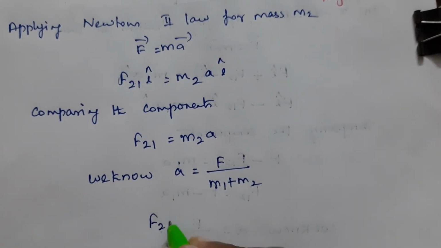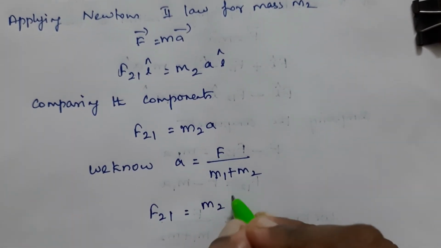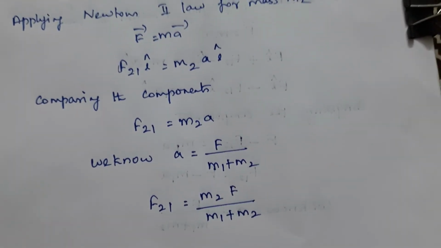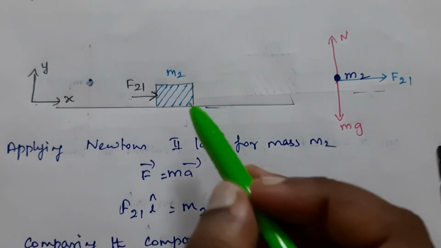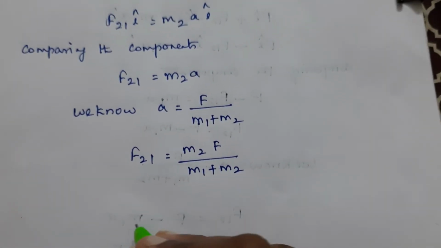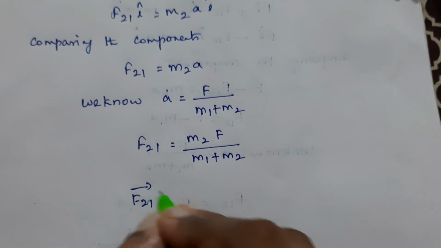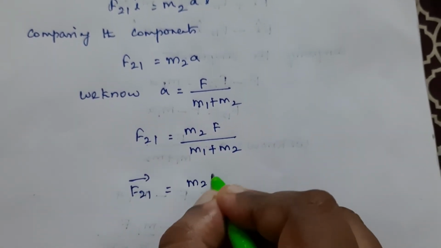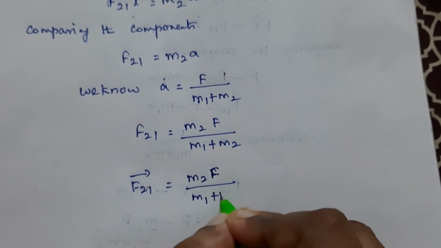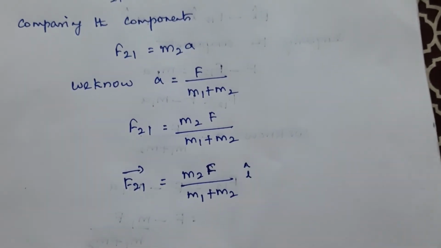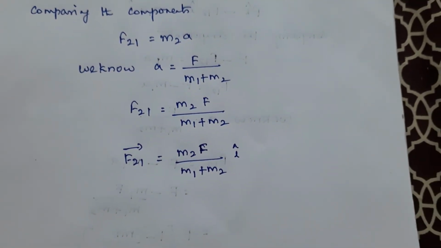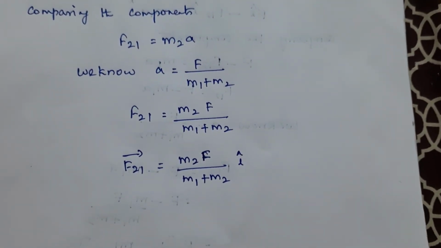So F21 is equal to m2 f by m1 plus m2. Now what is the direction of the force F21? It is along the positive x direction. So I can write F21 vector is equal to m2 f by m1 plus m2 i vector, along the positive x direction.